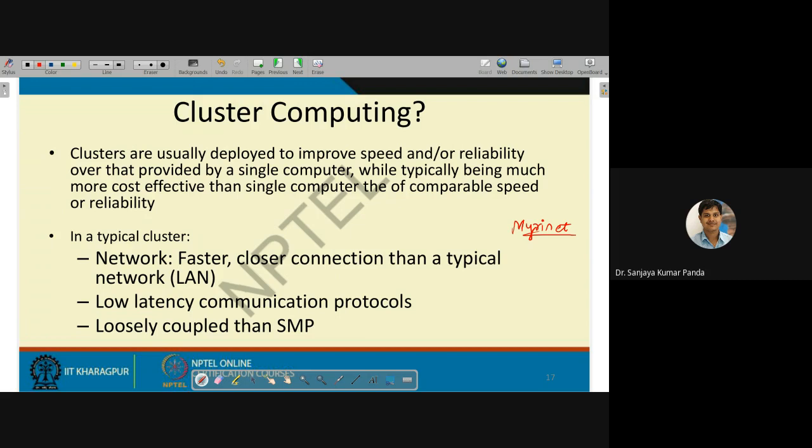It is the same as the cluster computing paradigm. It is a non-technical example, but if you relate it to a technical example, it is the same as cluster computing, right?